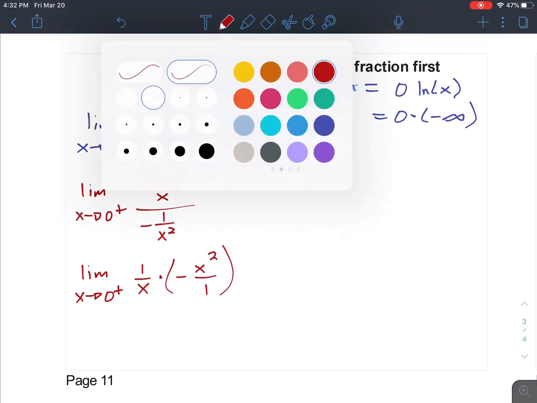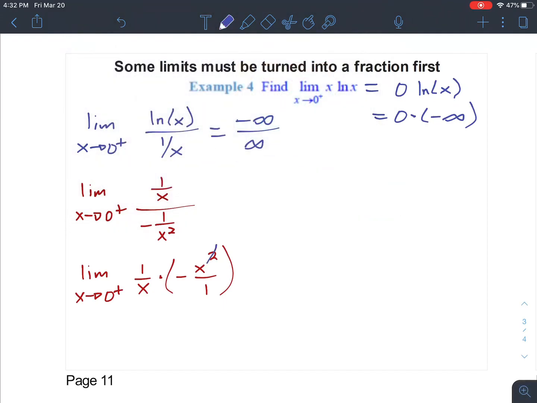We could just write it like that. And now I think it might be easier to see that we can cancel an x from top and bottom. Now we are going to have negative x, just negative x actually. And that means that our answer for this is going to be 0.